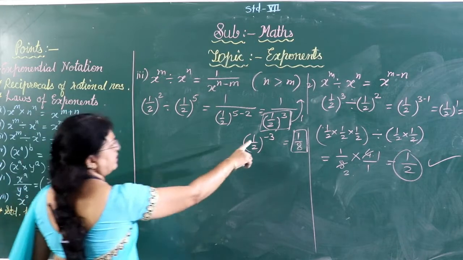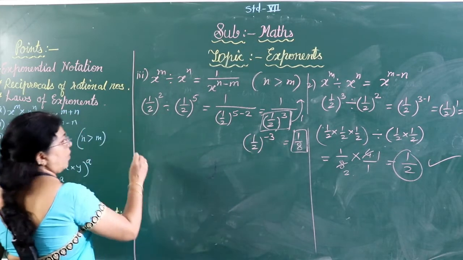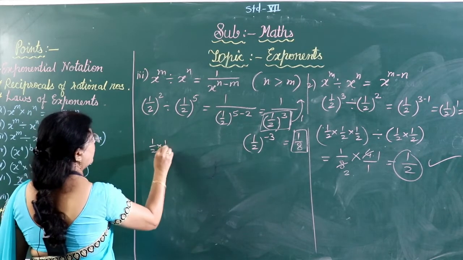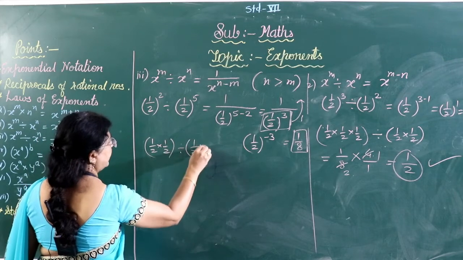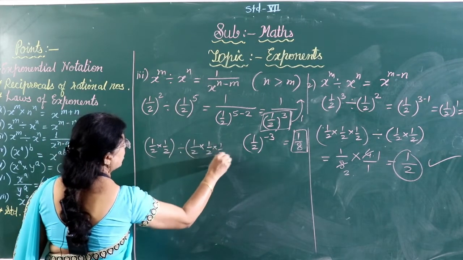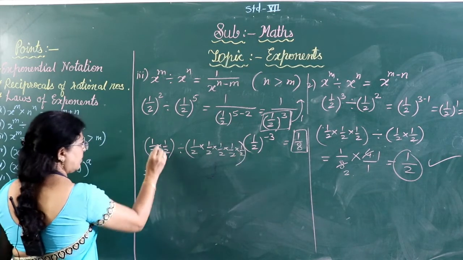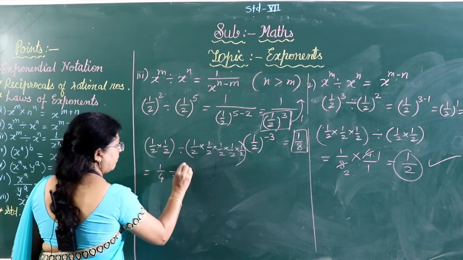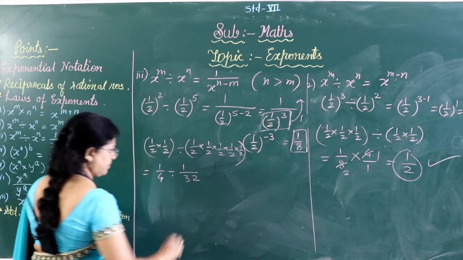Or you can write 1 by 2 to the power minus 3, right? Now see, 1 upon 2 into 1 upon 2 divided by 1 upon 2 into 1 upon 2 into 1 upon 2 into 1 upon 2, 1 upon 2 five times, right? Now here you are getting 1 by 4, divided by 1 upon 2 to the 4, 2 twos are 4, 4 twos are 8, 8 twos are 16, 16 twos are 32, right?